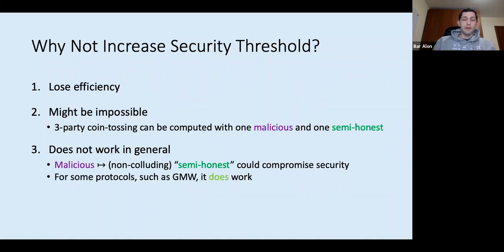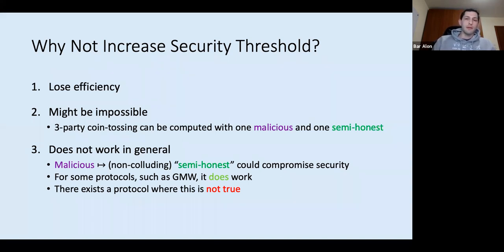Although some protocols, in fact most protocols that we know, don't have this issue, we can turn a malicious party into semi-honest and they will still be considered secure, we can construct protocols where this doesn't hold. So simply turning a malicious party into a semi-honest party could somehow compromise security.